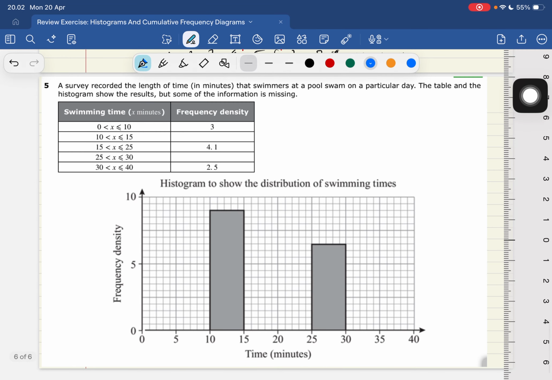Okay, here is the last question. The table and the histogram show, but some of the information is missing. Okay, here 0 to 10, the frequency density equal to 3. So look at it, 5 to 10. So we got 1, 2, 3, 4, 5, 6, 7, 8, 9, 10.